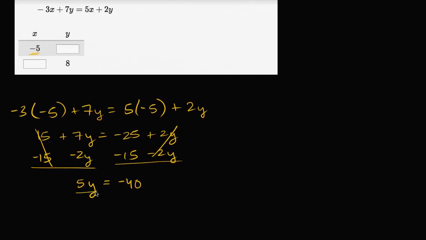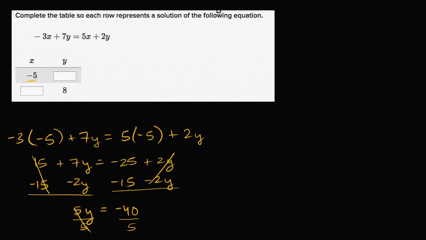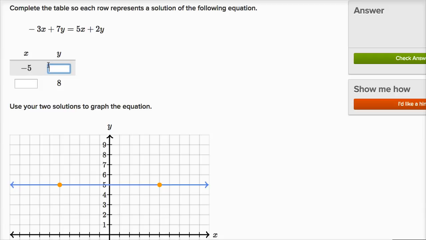Or if we divide both sides by 5, we would get y is equal to -8. So when x is equal to -5, y is equal to -8. And actually, we can fill that in. So this y is going to be equal to -8.